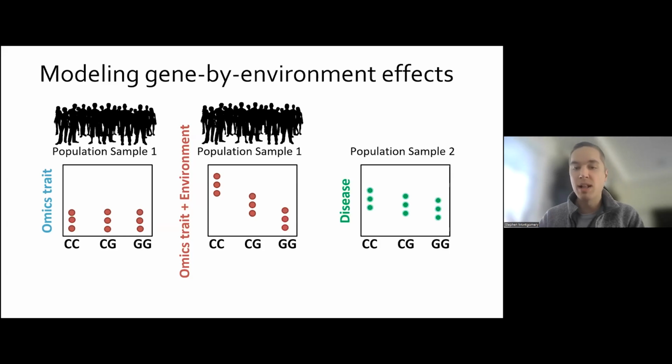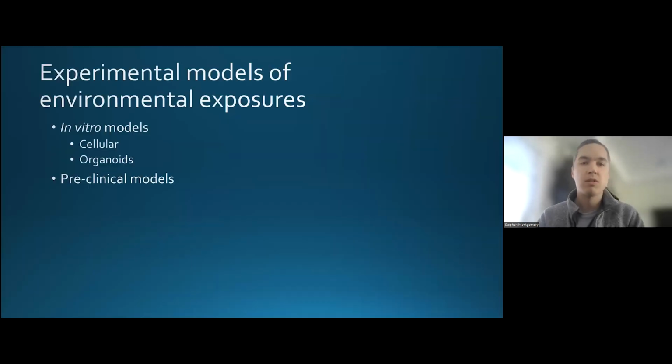And so this can be very relevant if in your disease context, you also see that there's stratification of incidence in the same way with respect to genotype, because now you have some kind of molecular basis for what might be driving that underlying increased risk that would be missed just by studying it at baseline. So we're going to talk a little bit in the rest of the session about different experimental models of environmental exposures.